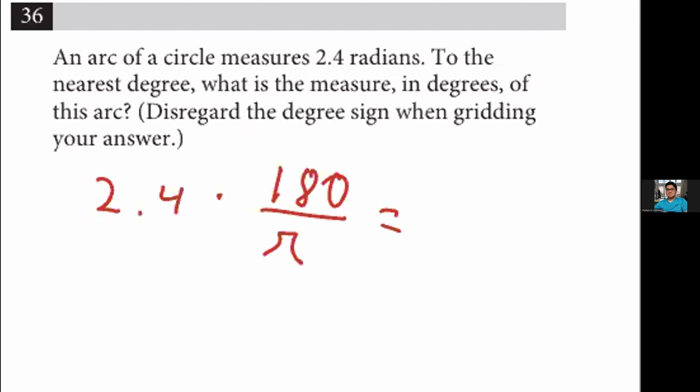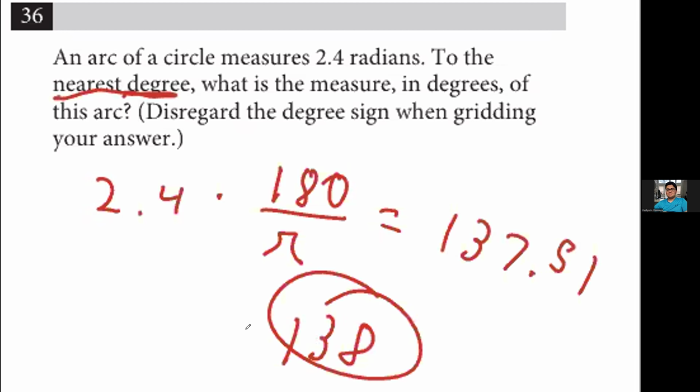So if we do 2.4 times 180 divided by pi, we get 137.51. And it says to the nearest degree, so we round this to 138. So the correct answer is 138.